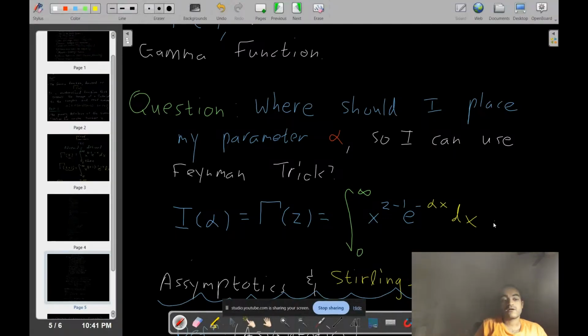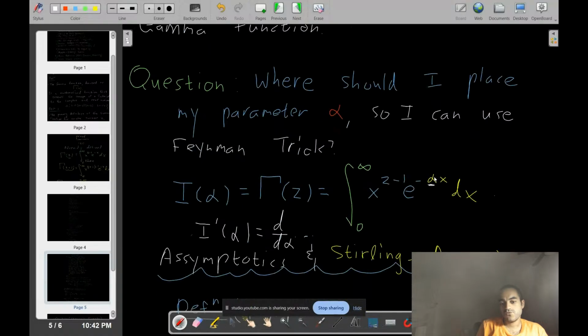So for homework, I want you to tell me if I'm right or wrong. If I calculate I prime of alpha, and I take my d by d alpha on both sides, left-hand side d by d alpha, right-hand side d by d alpha, will I be able to integrate if I position my alpha over here? That's for those of you who want to take this up as a challenge.